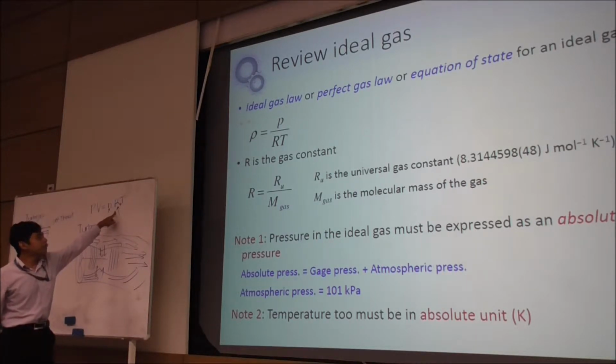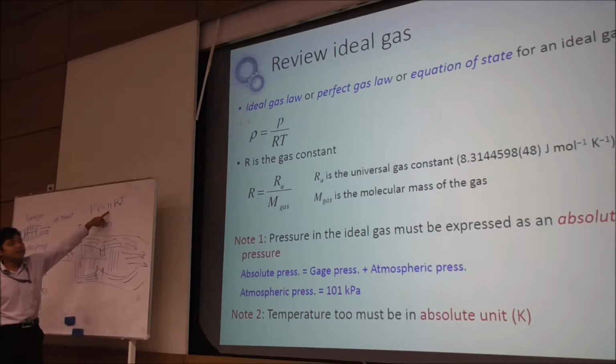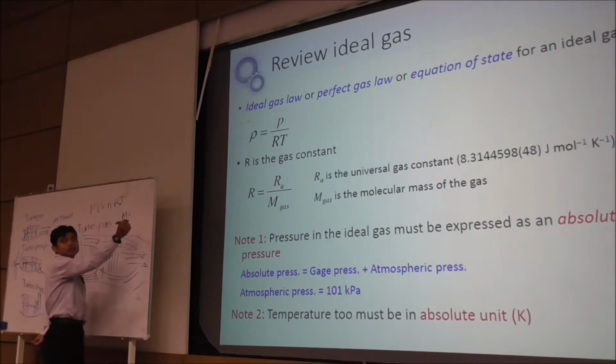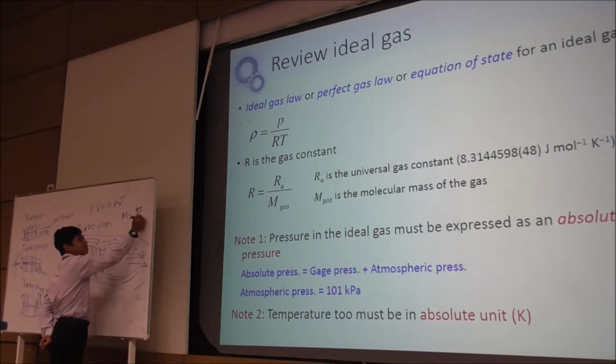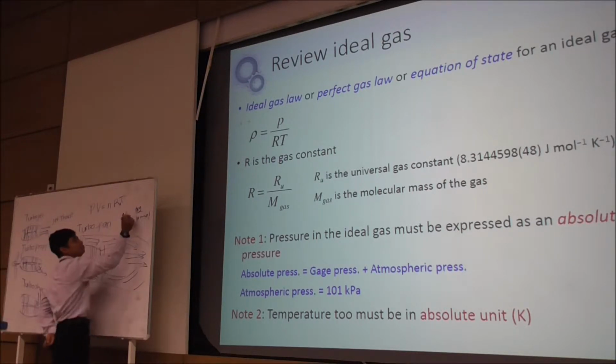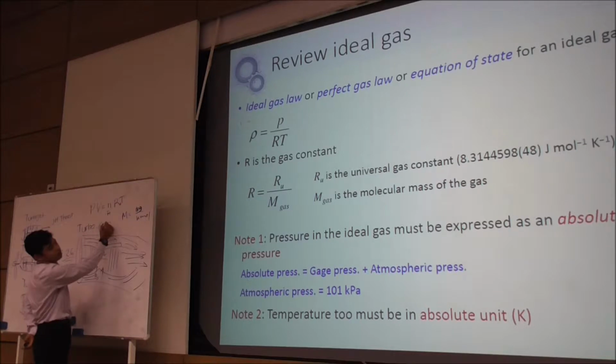If you divide by this universal gas constant, because this one is giving you the molecular number, and you know your M is in gram per mole, you can change this one into M or rho.